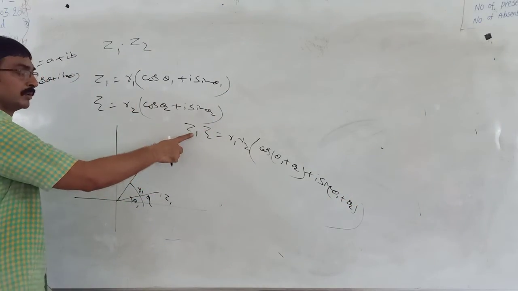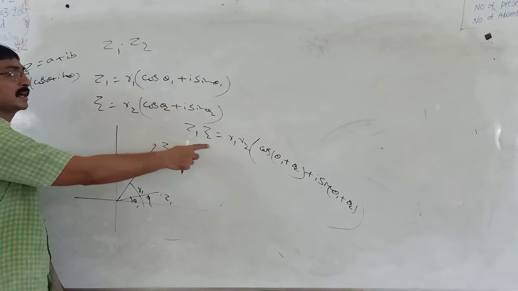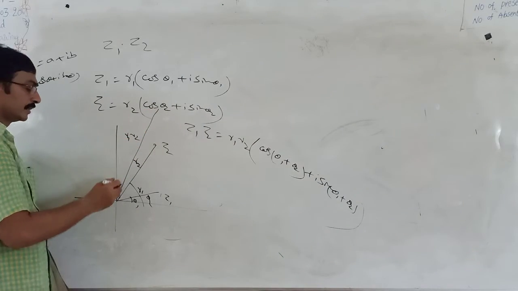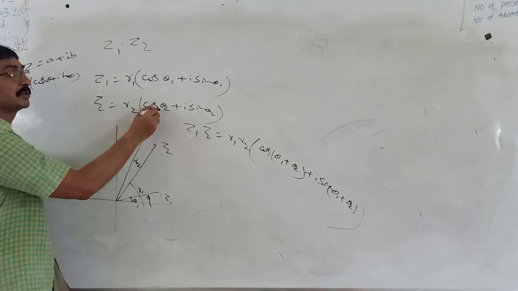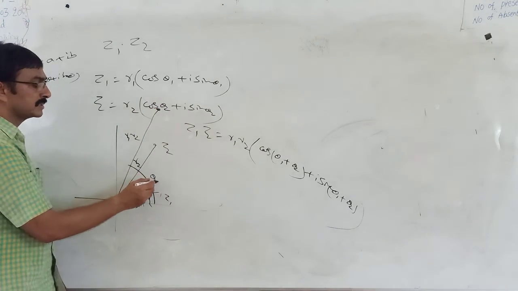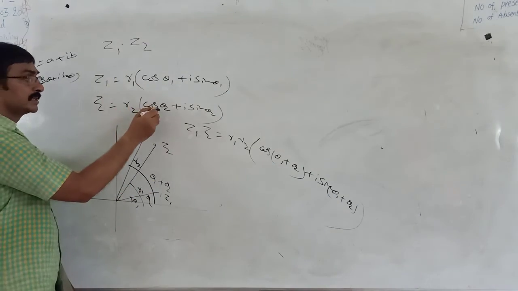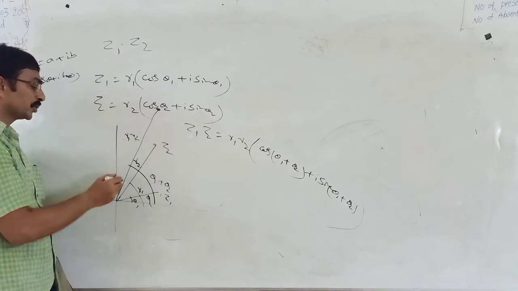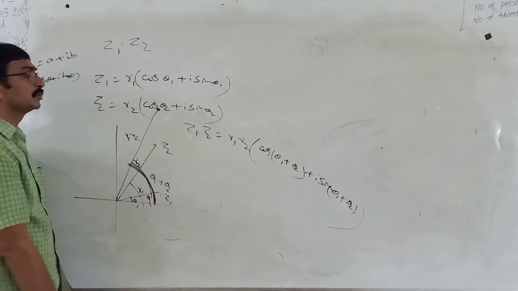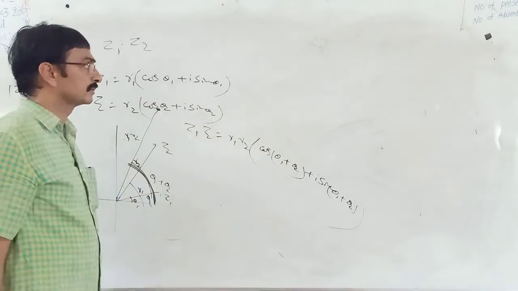This means z1 z2 is at a distance of r1 into r2 from origin, and the inclination is theta 1 plus theta 2. So z1 into z2 exists at a distance of r1 r2 from origin, having inclination theta 1 plus theta 2. This is the position of z1 into z2 from the positions of z1, z2.